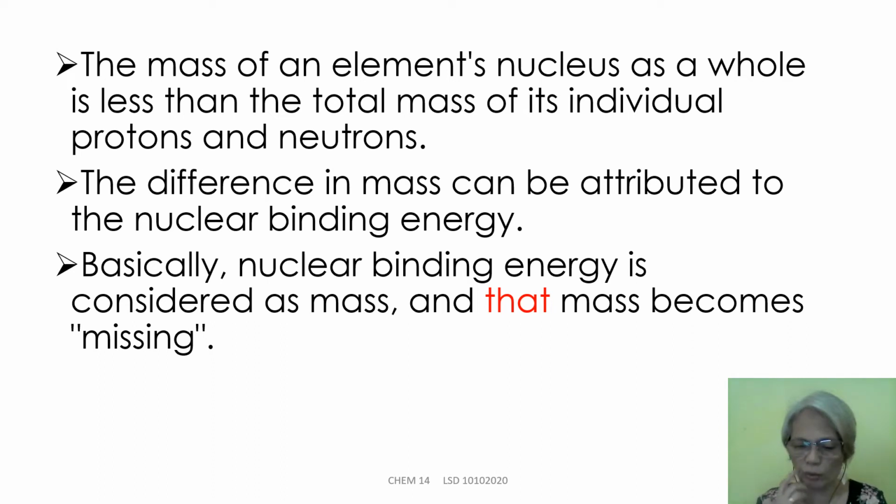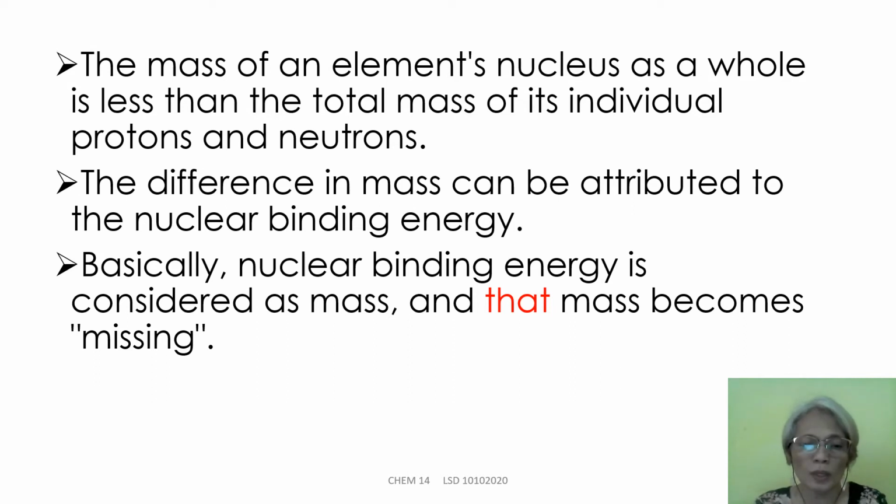Recall the mass of a proton is about 1.673 times 10 to the negative 27 kilogram. A neutron is about 1.675 times 10 to the negative 27 kilogram, whereas an electron weighs only 9.1 times 10 to the negative 31 kilogram.